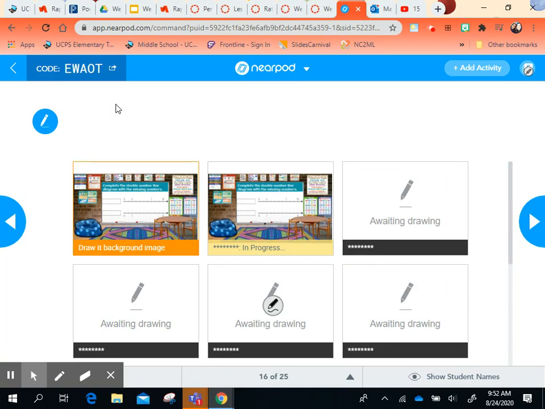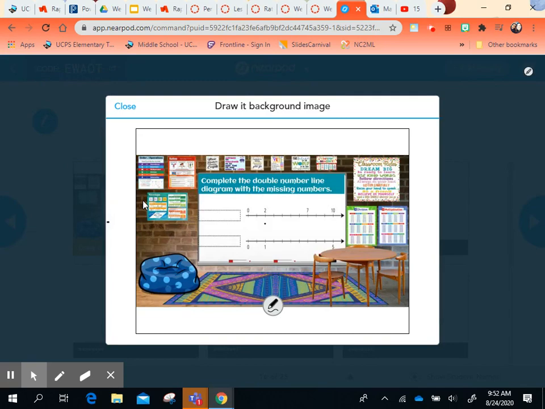You don't have to fill in the words right now. I want you to just focus on seeing if you can fill in the number line. So you can either type it in or you can write it in with your mouse. Either way is fine. It looks bigger on your screen than it does on mine. And then we'll go through and do it together on the computer screen.